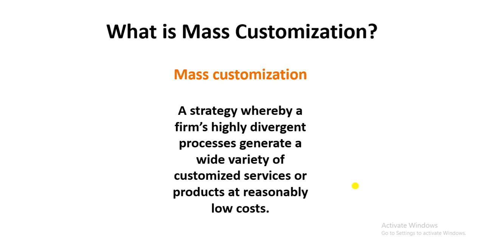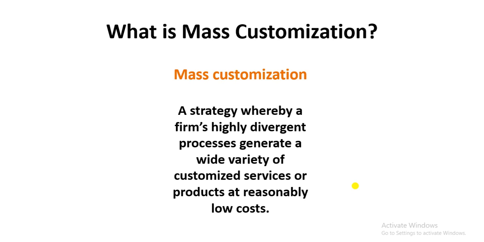So in this strategy you will produce the goods in large quantity, but at the same time you will also include the individual requirement of the customer. So if you are producing goods in large quantity but at the same time you are catering to the individual needs of the customers, such a strategy is called mass customization.